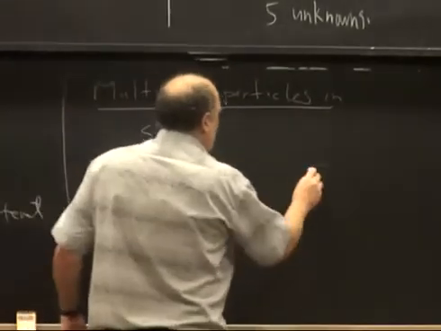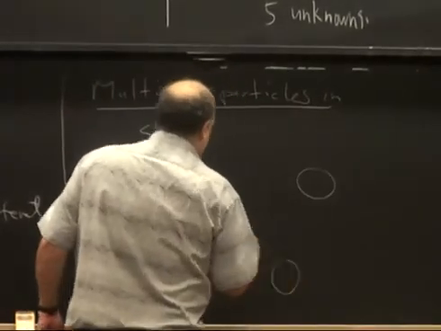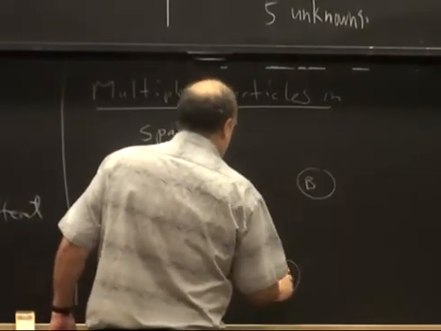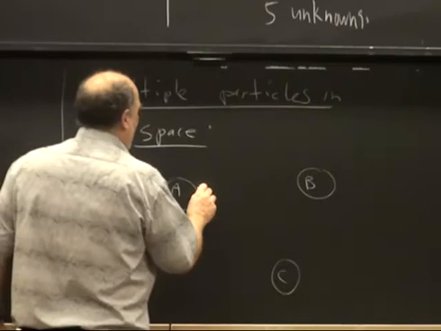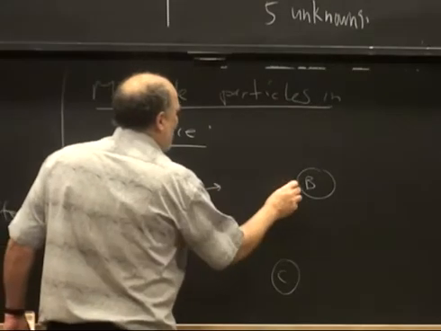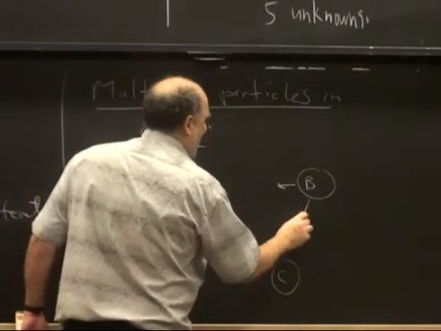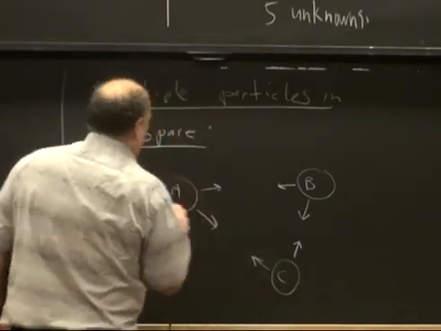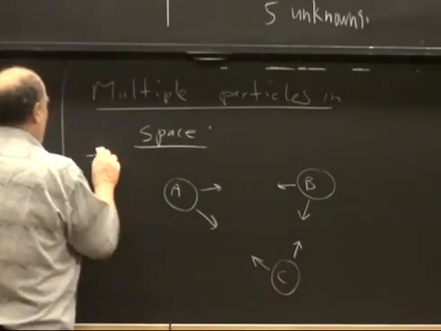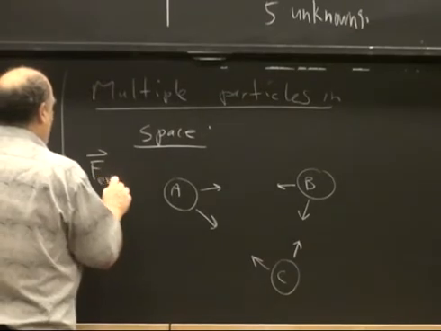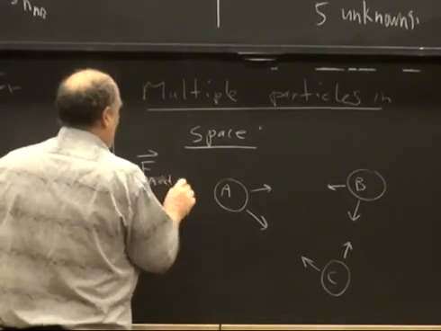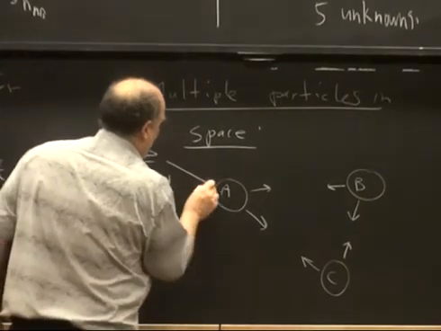So let's say we have a bunch of particles, say A, B, and C. And what's happening with these particles is that they're interacting with each other, and maybe there's some external force on A which is like that.